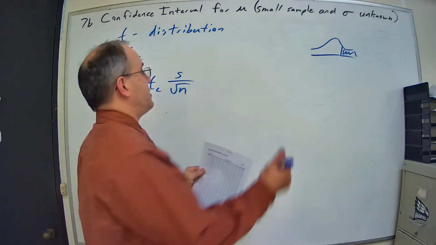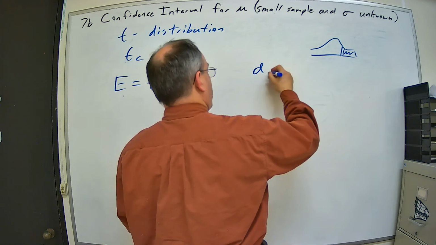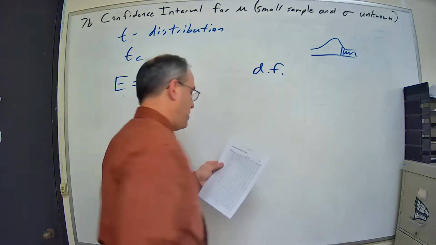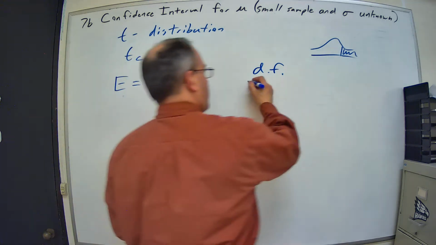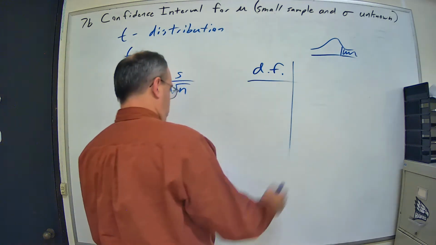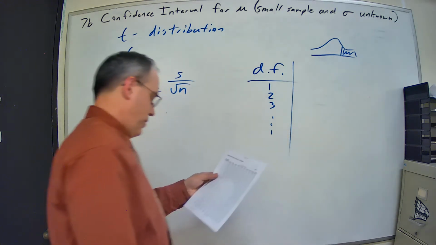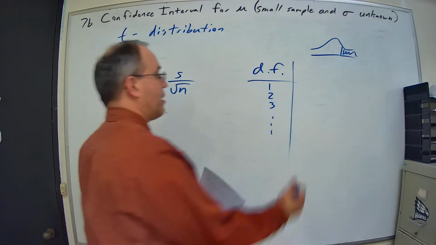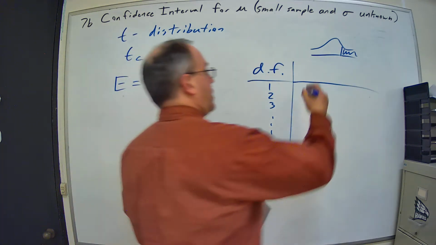So that's one thing to take note of. You'll also notice that it has degrees of freedom. I'm just going to put that as df because you'll see degrees of freedom and then it'll say df. So you have your degrees of freedom, 1, 2, 3, continuing down there. And then you have the upper tail probability.